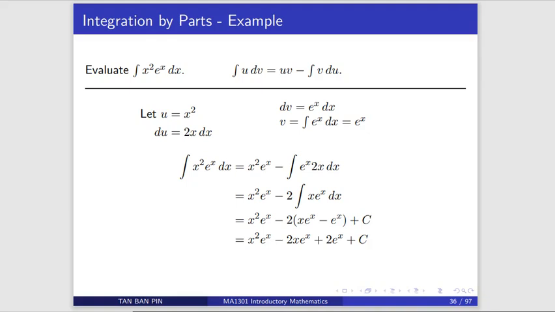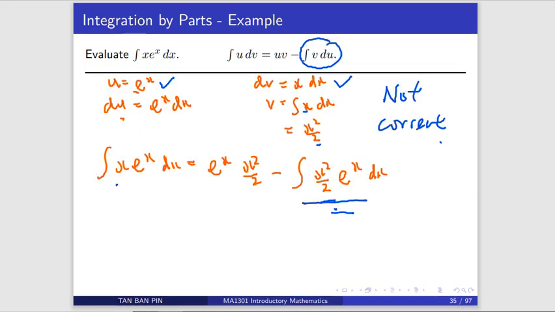In this example, we want to integrate x squared e^x dx. Previously, we already know that if you choose u as e^x for the example to integrate x e^x and dv as x dx, you'll find that it's no good, because if you integrate x, it becomes x squared over 2.